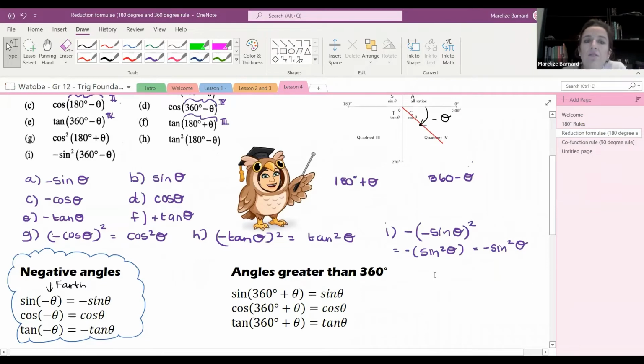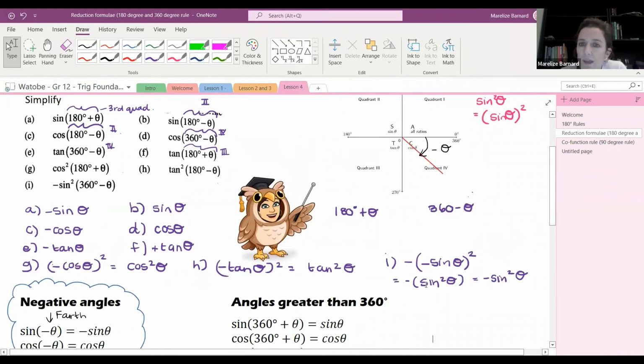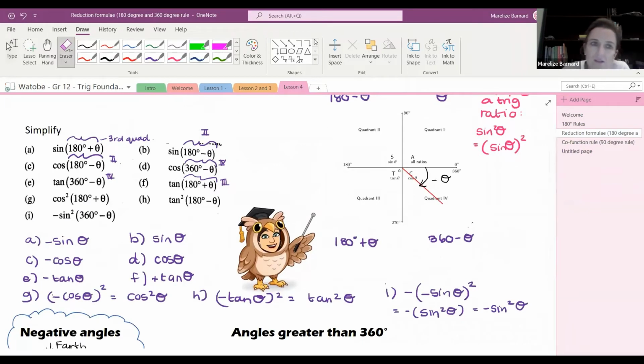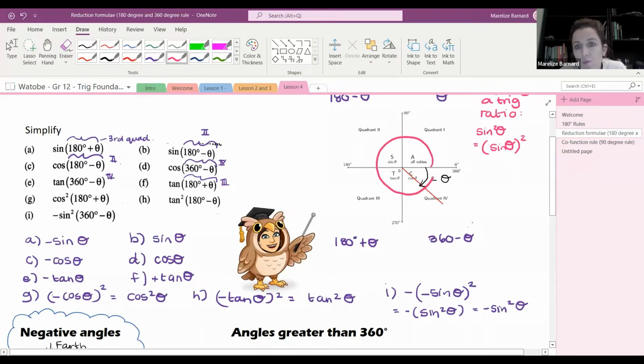Angles greater than 360 degrees just means that we have rotated through 360 degrees. Watch on the screen how the rotation works. It goes like this, and if you go past 360, then you end up in the first quadrant.